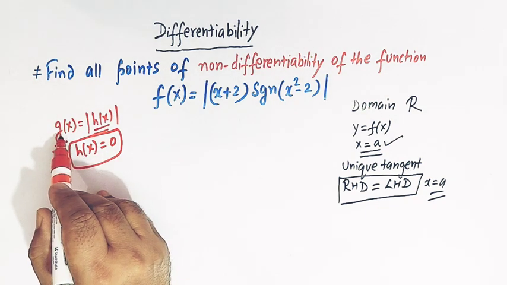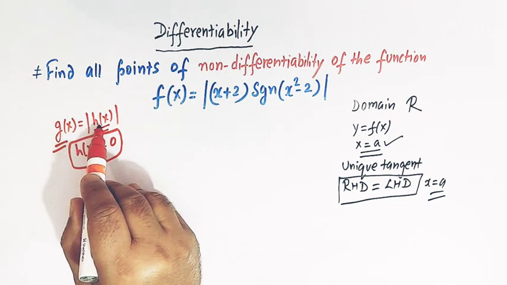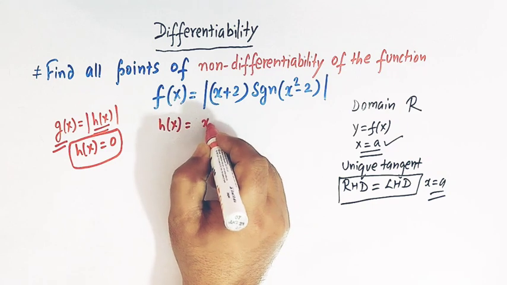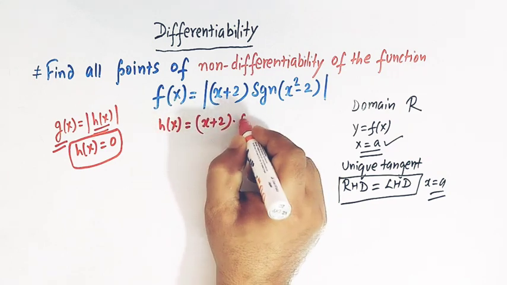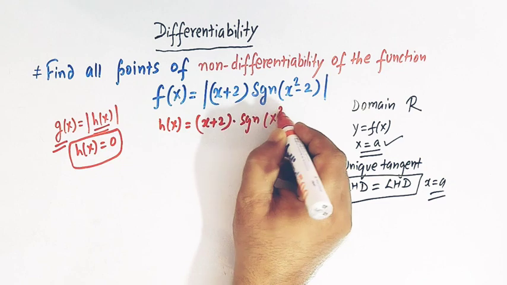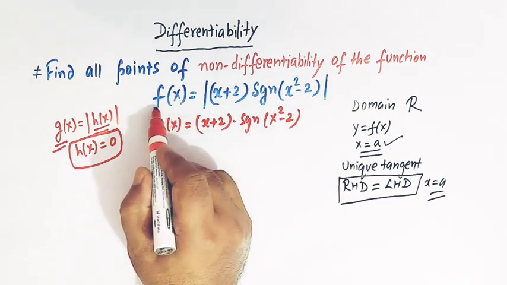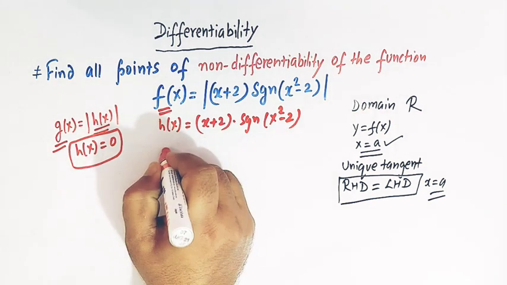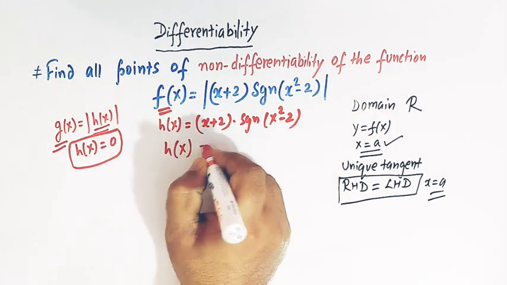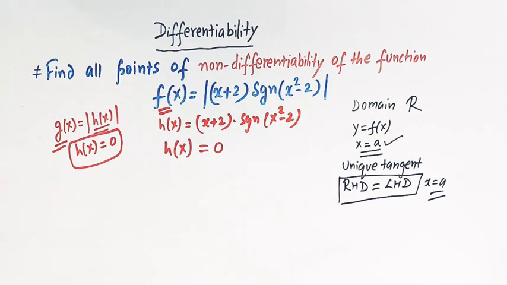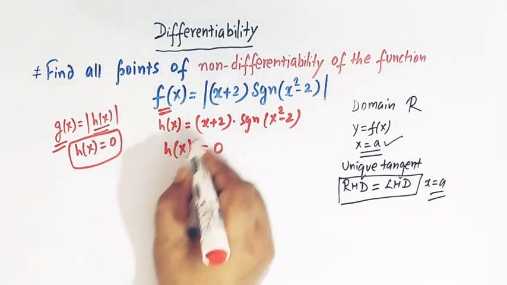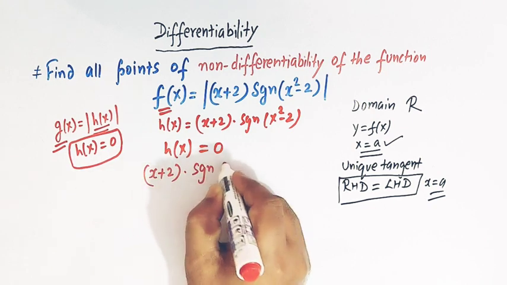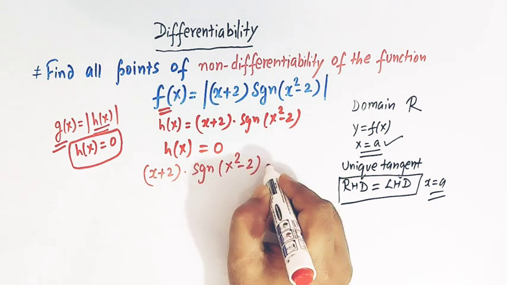So now if we compare this function with this one, then we see that h of x is equal to (x plus 2) times signum of (x square minus 2), right? And this function f of x is not differentiable at those points for which this function h of x is equal to 0.